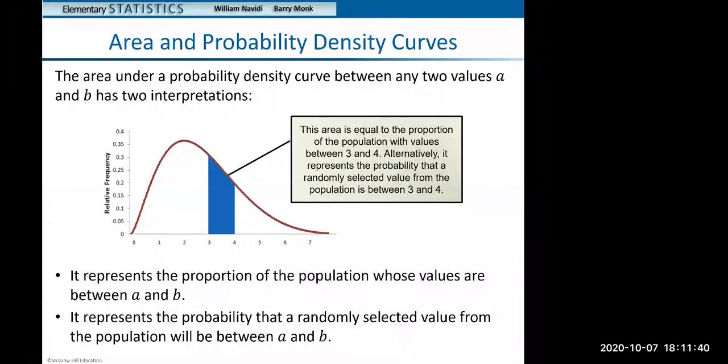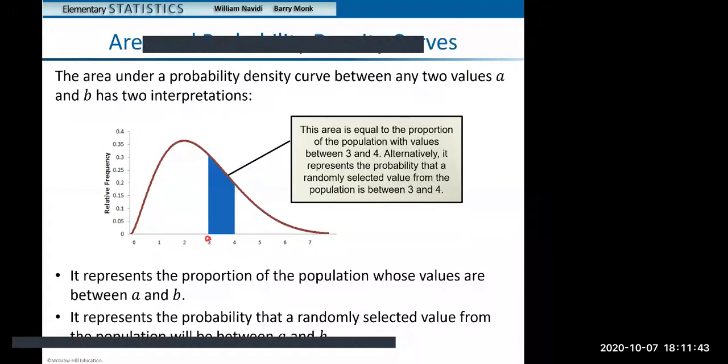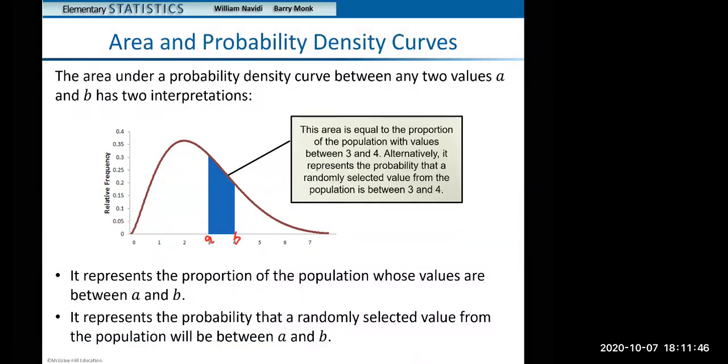Let's say this is A and this is B. The area between these two represents the proportion of the population whose values are between A and B. It also represents the probability that a randomly selected value from the population will be between A and B. So from A to B, the shaded part here is the proportion or the probability between 3 and 4. You can learn how to get that probability or area.